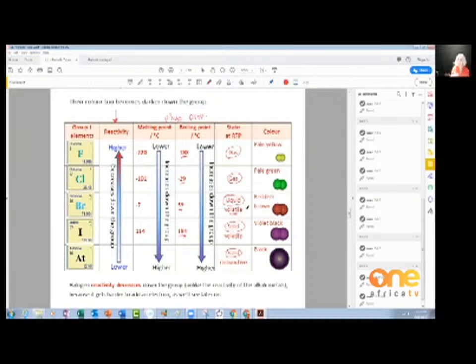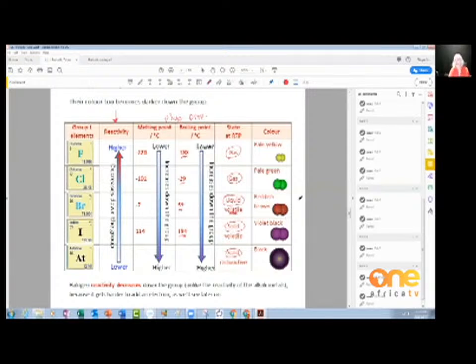So if we have some bromine liquid enclosed in a little bottle and we close it with the lid, we see that it vaporizes, and above the liquid we see a very brown gas, which is bromine in the gaseous state. It changes from liquid to gas very easily. This is what it means, volatile.